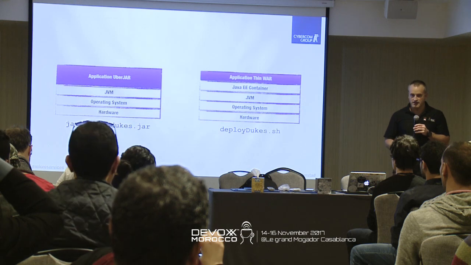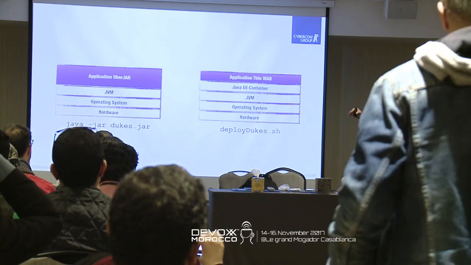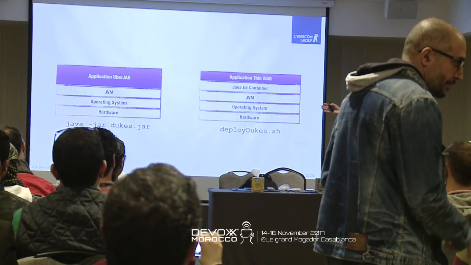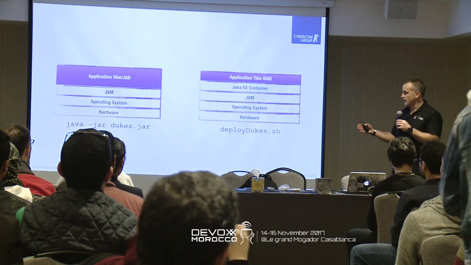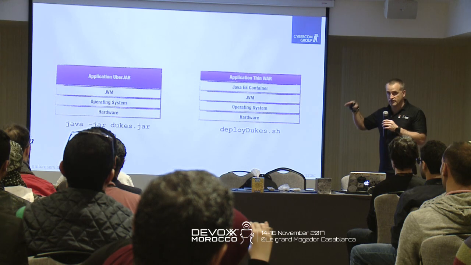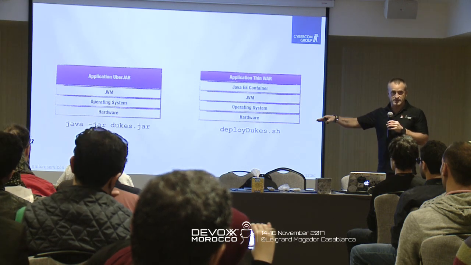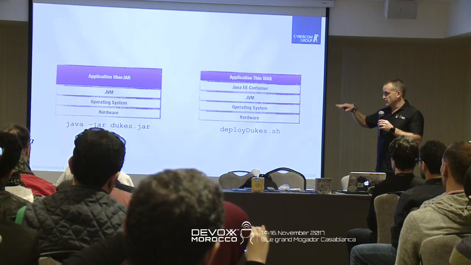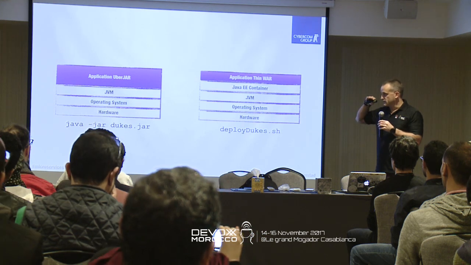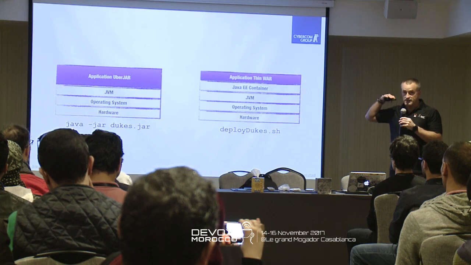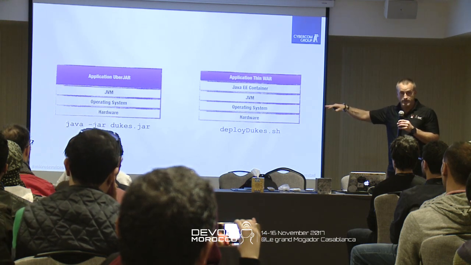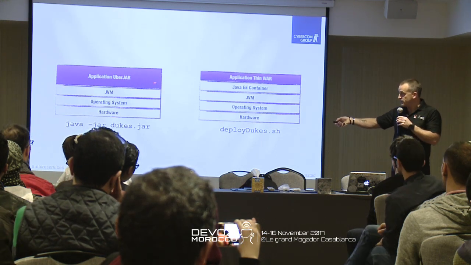And look at this picture. If you have the Uber jar approach, which is very popular in the microservice world, you typically, since we're talking Java here and all these Java-based microservices, have some kind of hardware or virtualization layer. You need to have some operating system to run on, and you need the JVM.